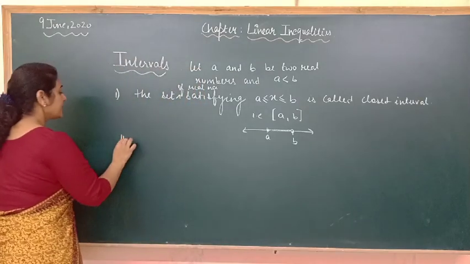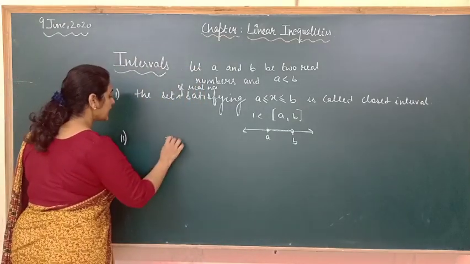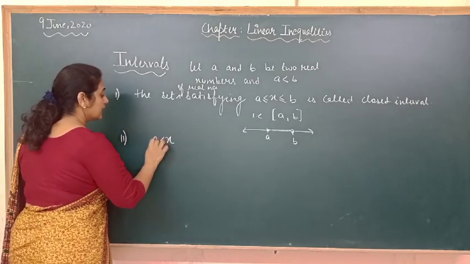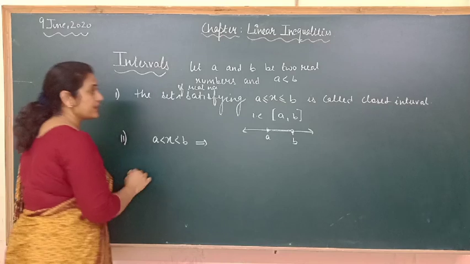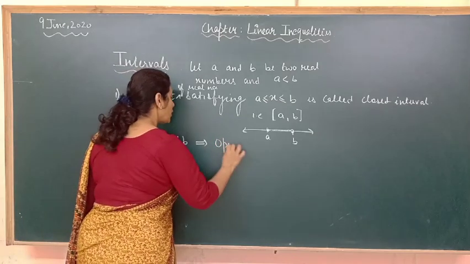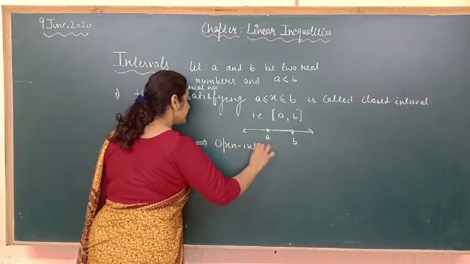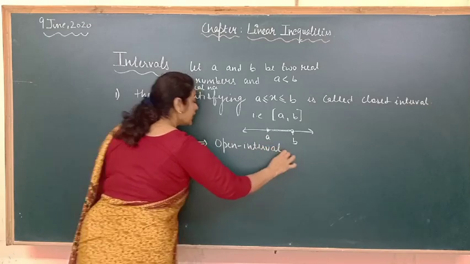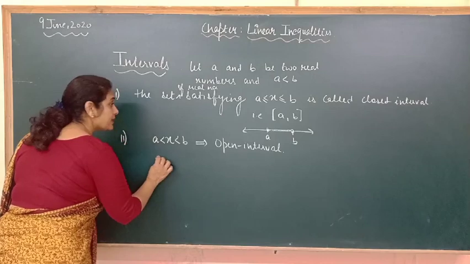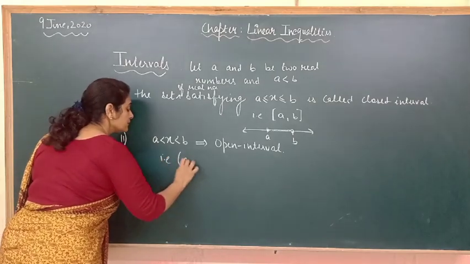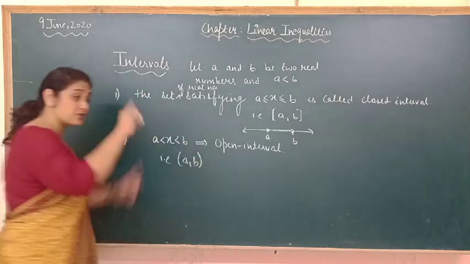Alright. Similarly, if I write x greater than a and less than b, what does it mean? It means open interval. And how do we represent it? It is represented by open brackets, the round brackets.